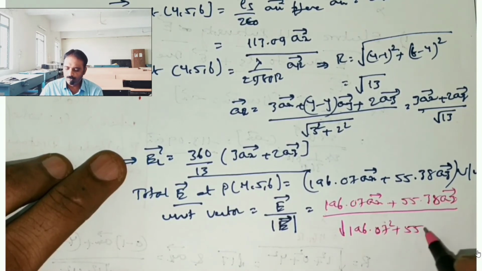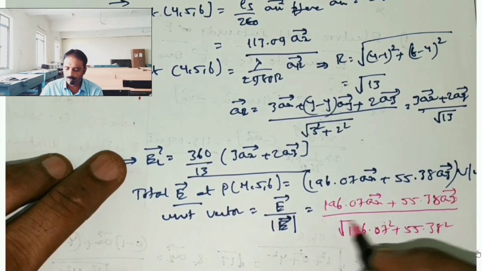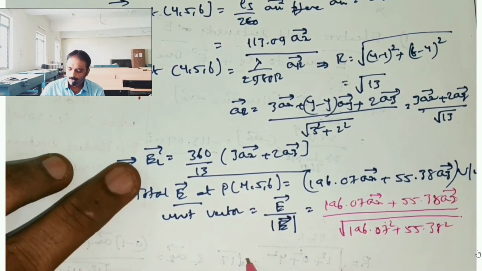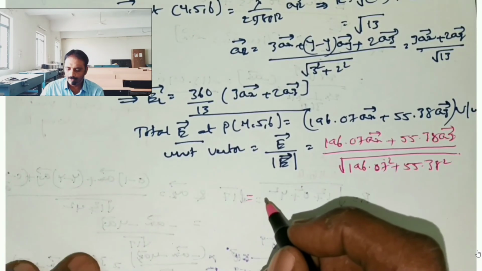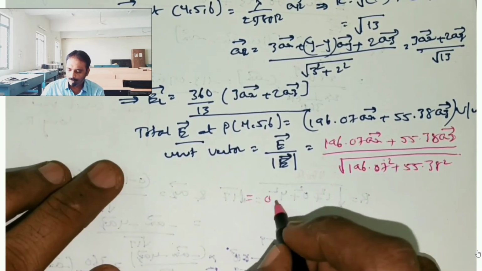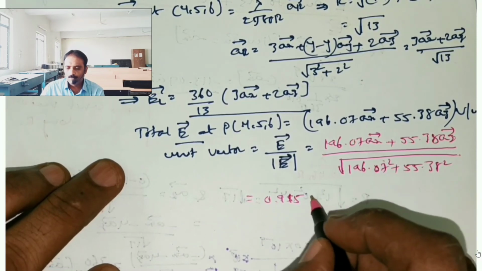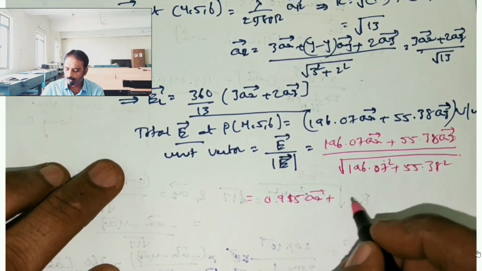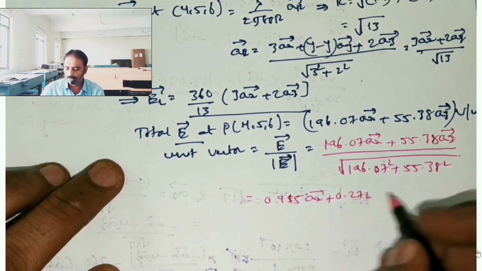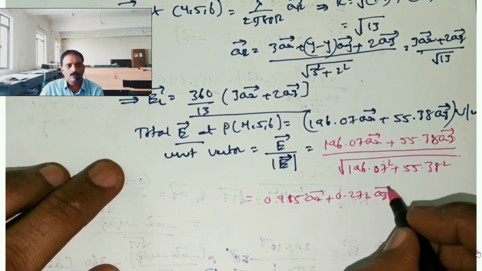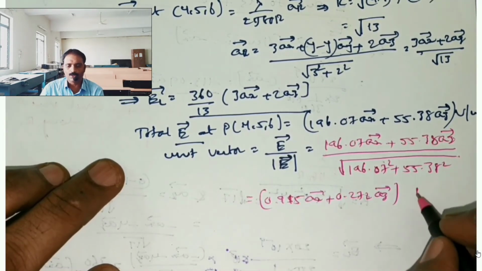And if we simplify this, we are going to get 0.915 AX bar plus 0.272 AZ bar, and this will give us the direction of the electric field intensity at that particular point.